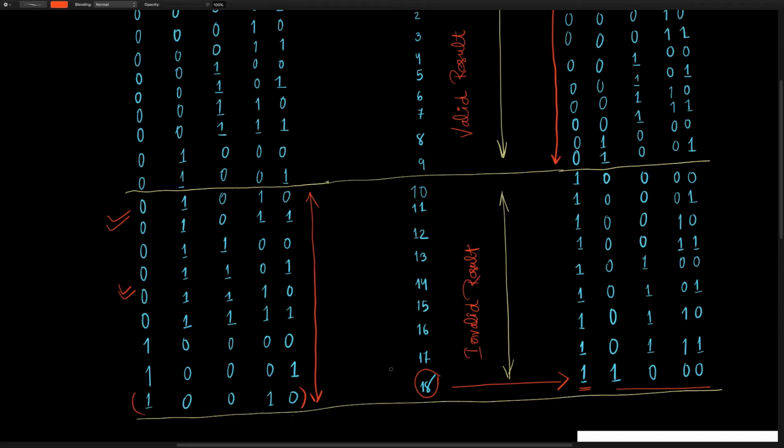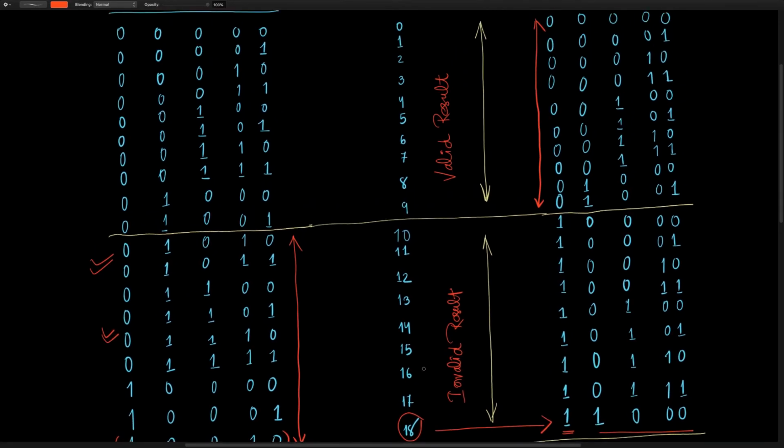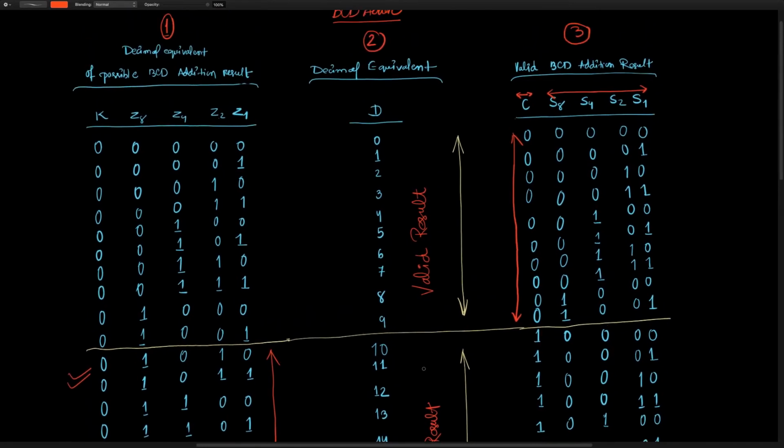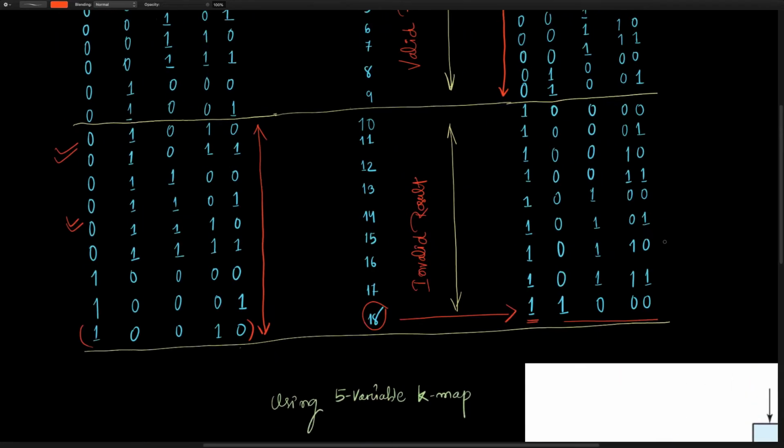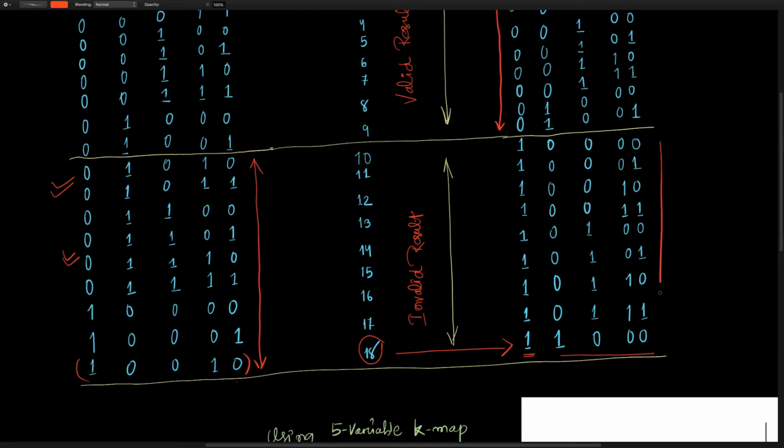If you design a circuit that adds the decimal numbers given to it, it will give us the binary equivalent of the decimal result. It will not give us the direct solution in the valid BCD format. This format will not be there, only this format would be there. So we have to convert these invalid bits into valid bits.